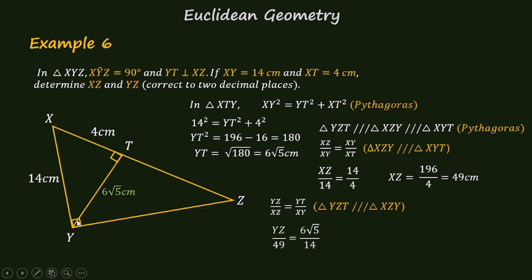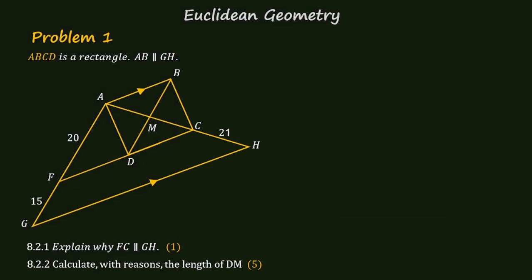So all we have to do is substitute and then simplify, where we get our YZ to be 46.96. That pretty much covers it, right? That is the end of all that we needed to know before we start tackling exam type problems.